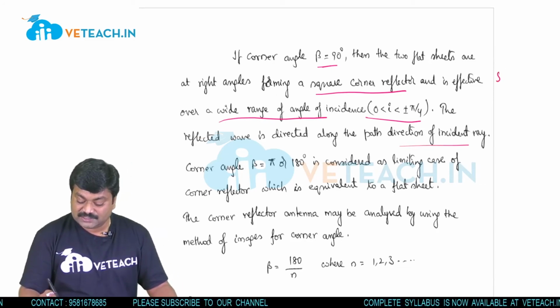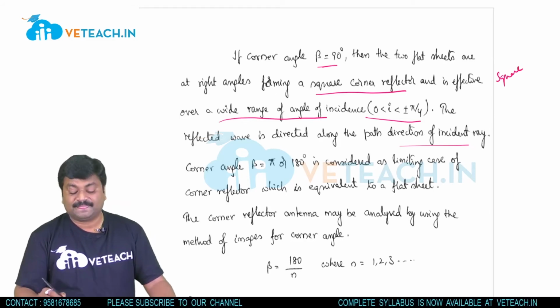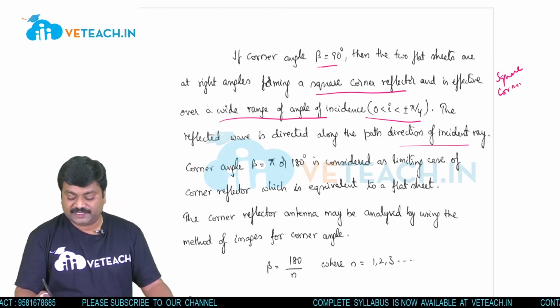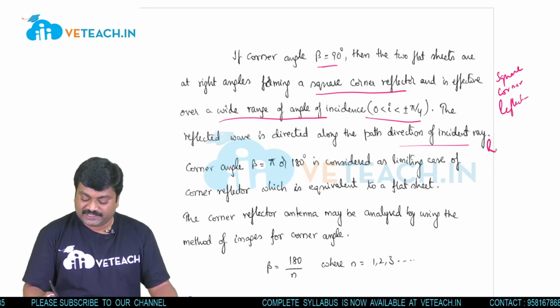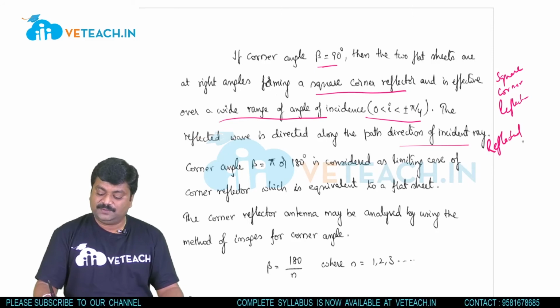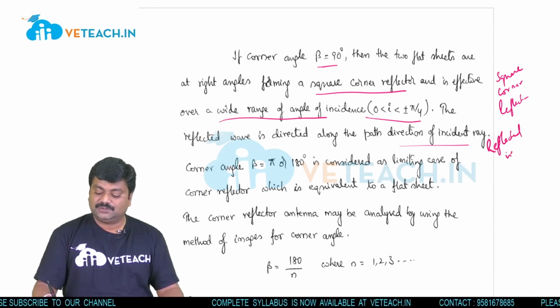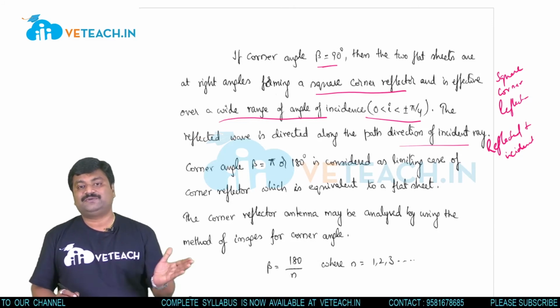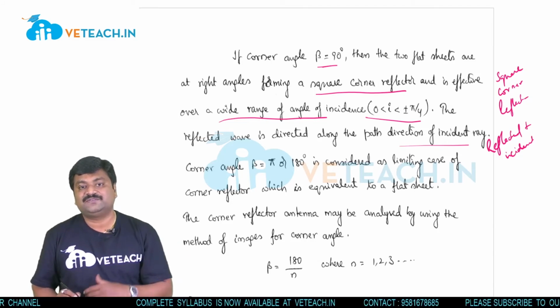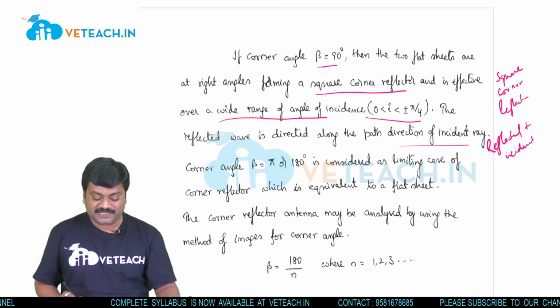So when a square corner reflector is formed, the reflected wave will be added to the incident wave. Now what happens when the reflected wave adds to the incident wave? More directivity will be attained.